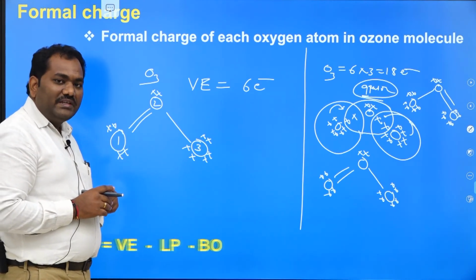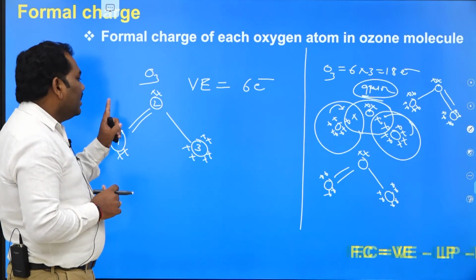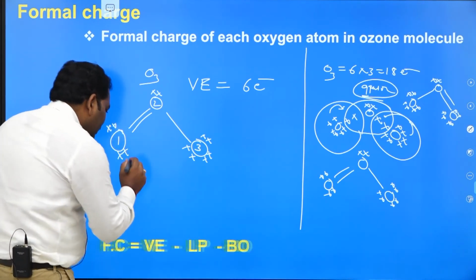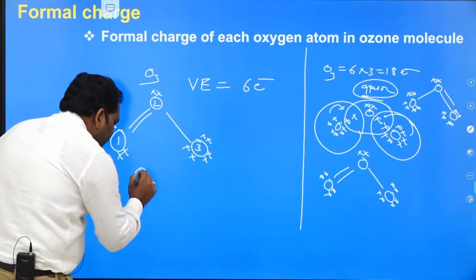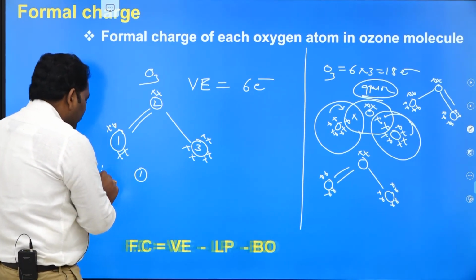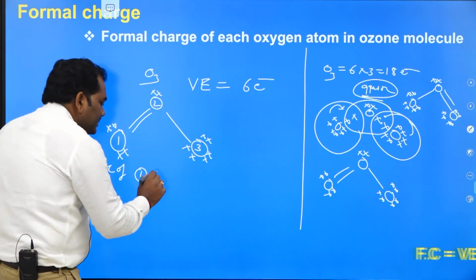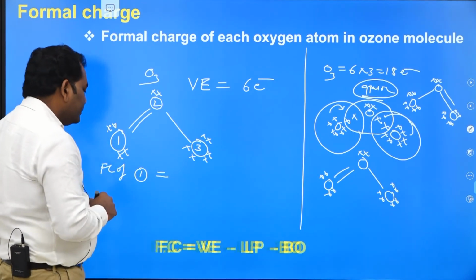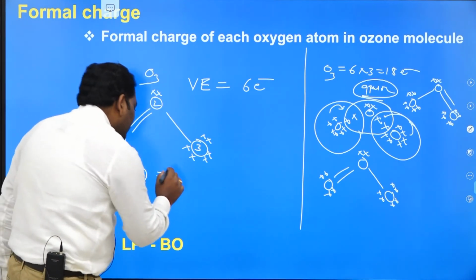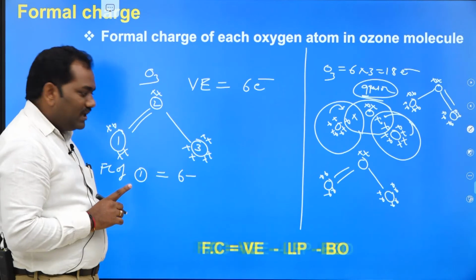Let's calculate the formal charge of every oxygen. In case of the first oxygen, the formal charge Fc is equal to the number of valence electrons, and every oxygen contains 6 valence electrons.